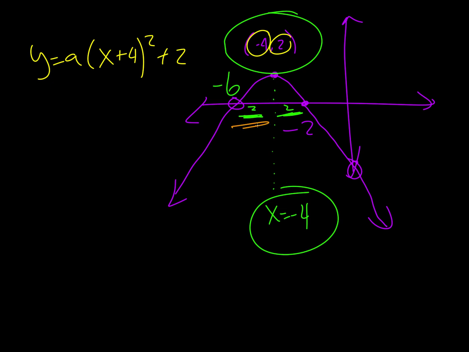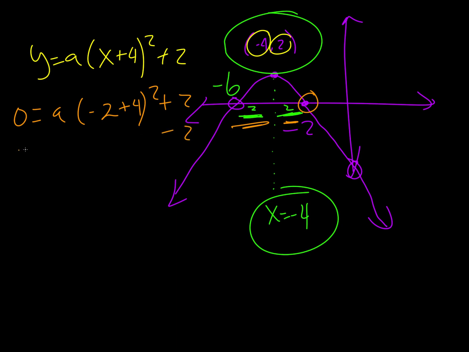That was just FYI, I guess. I'm going to use the original. What we're going to do is we're just going to use the x-intercept this time. So when x equals negative 2, y equals 0. And then just solve for a.